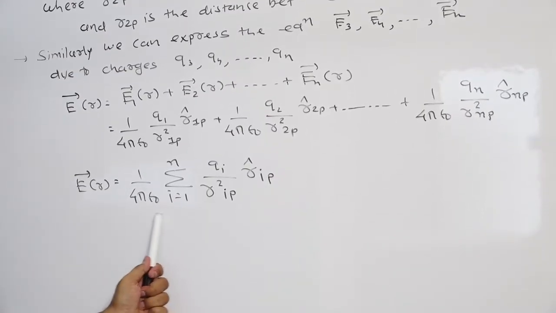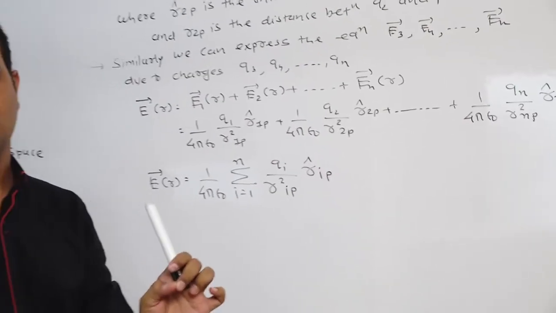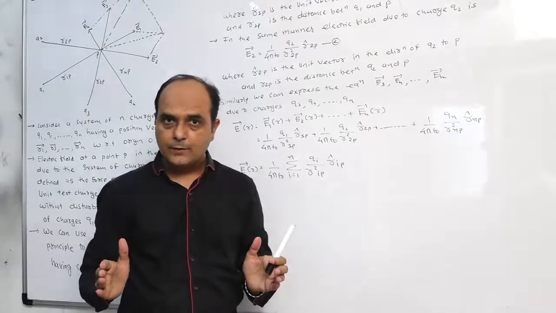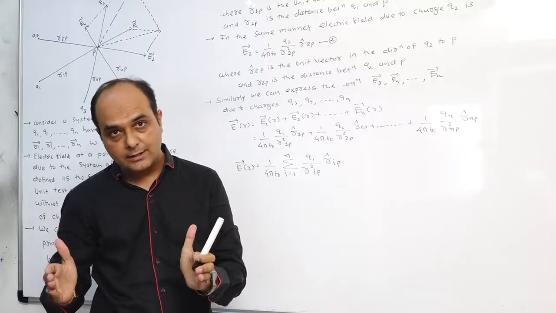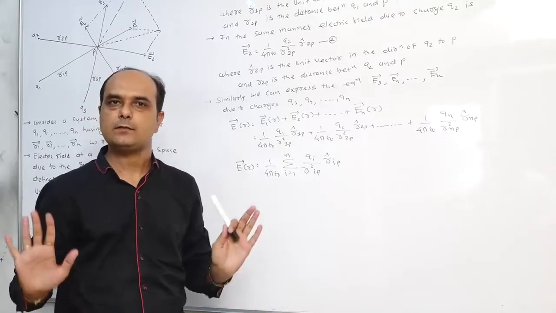So this is the general form of electric field intensity due to a system of charges. Well student, there is a similarity. First we studied the electric field intensity due to a point charge, and next we studied the electric field due to the system of charges. Okay.